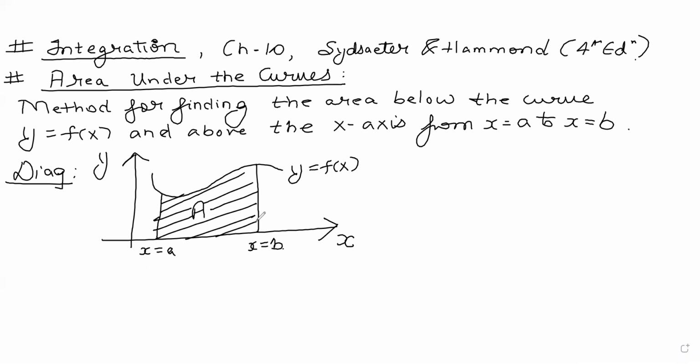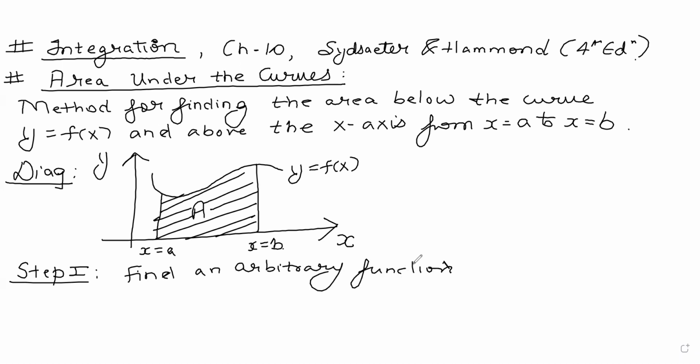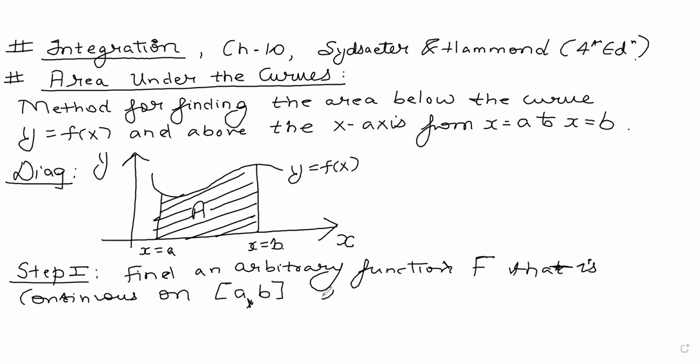Step one: find an arbitrary function, capital F, that is continuous on the interval a to b, such that if you differentiate capital F of x, you get small f of x.